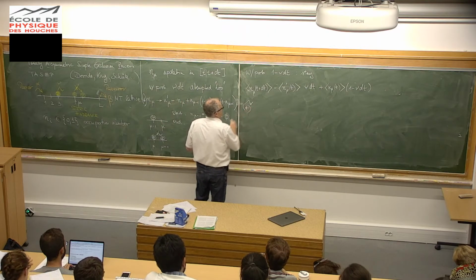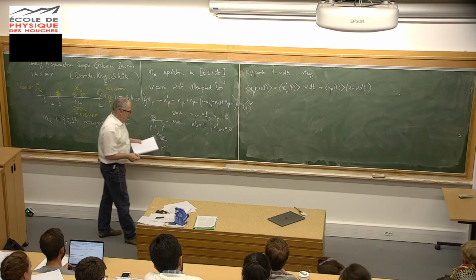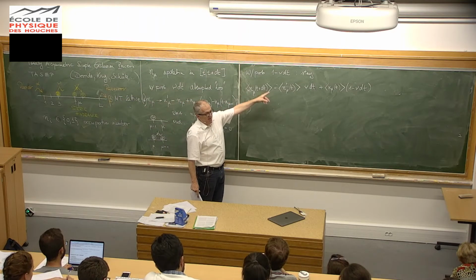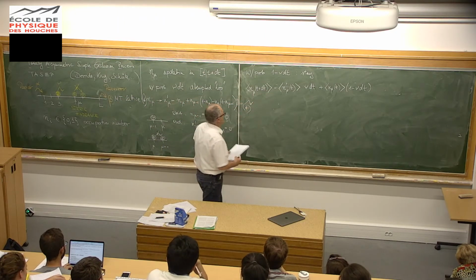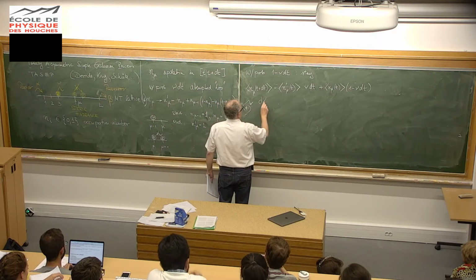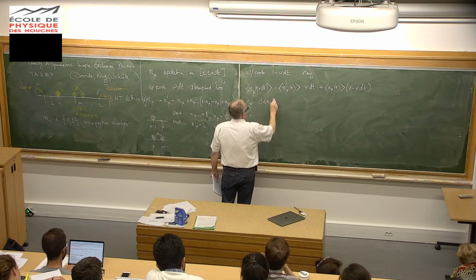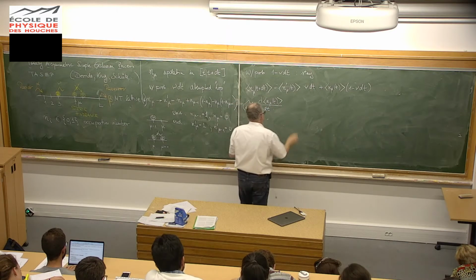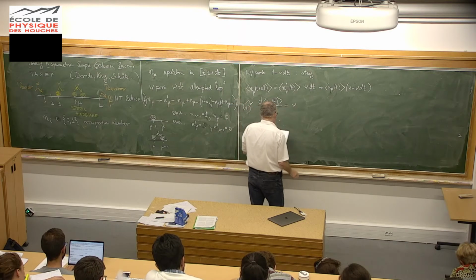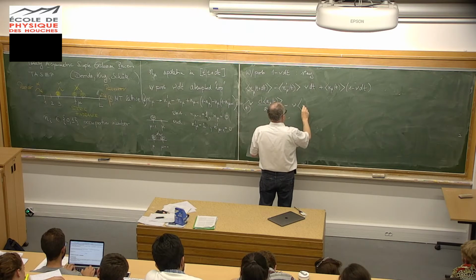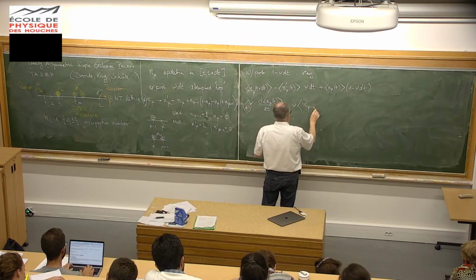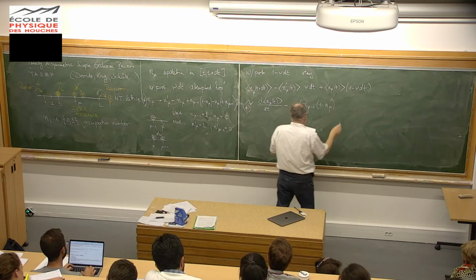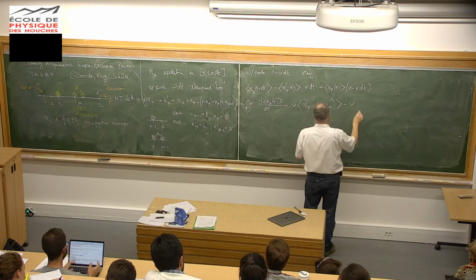You just insert that expression, and you form the difference n mu of t plus dt minus n mu of t divided by dt. So you get d n mu of t divided by dt equals nu. Then you get two terms which are quite easy to interpret, and I'll come to that in a second.